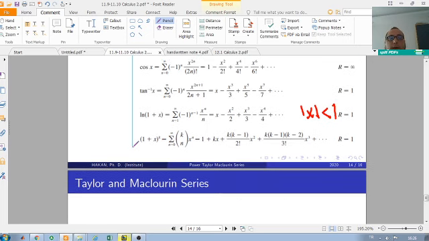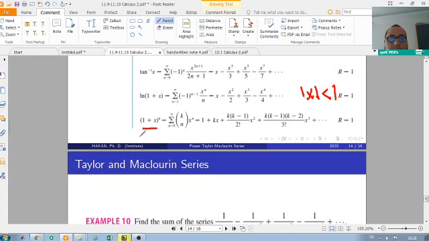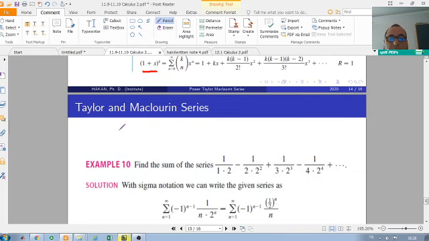And also you can find the Maclaurin series representation for (1 plus x) to the power k. It is a special case of the binomial expansion. You can find it easily, just finding a general formula for the nth derivative of f.